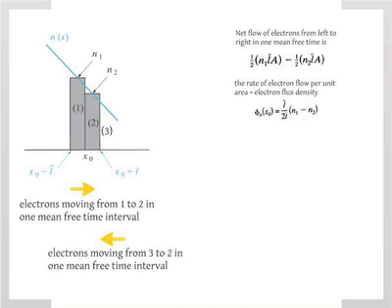So let's see this again. This is the number of electrons that have passed through. You divide it by area, that gives you the number of electrons per unit area that have passed through. And you divide it by time, which gives you the number of electrons per unit area per unit time that have passed through, which is the rate of flow of electrons, which is what's shown here. That's the flux.